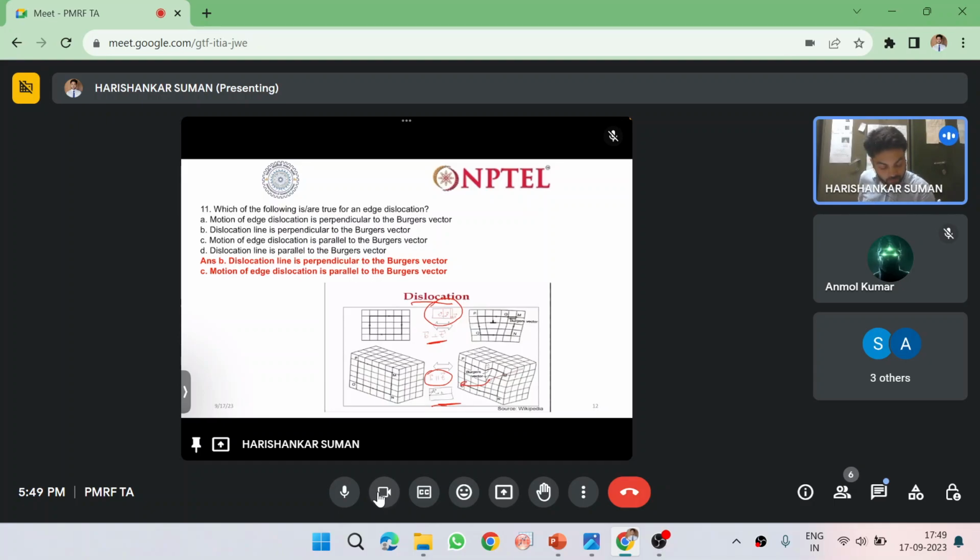This is perpendicular. This is parallel.